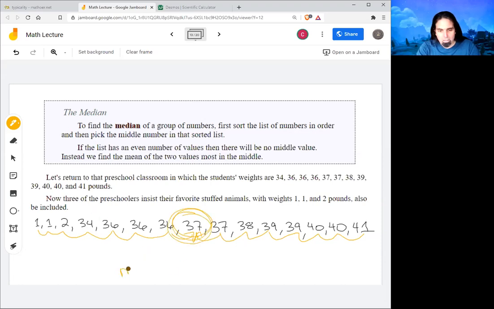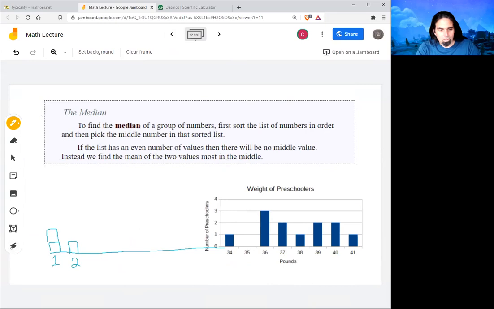So our median is 37 pounds. And if we look at our terrible chart, then that makes sense. That actually seems to be representative of the kids somehow.